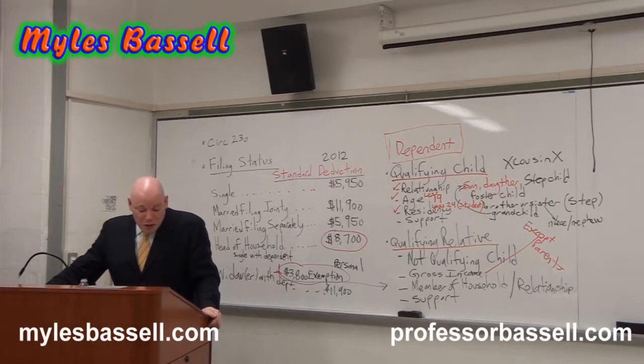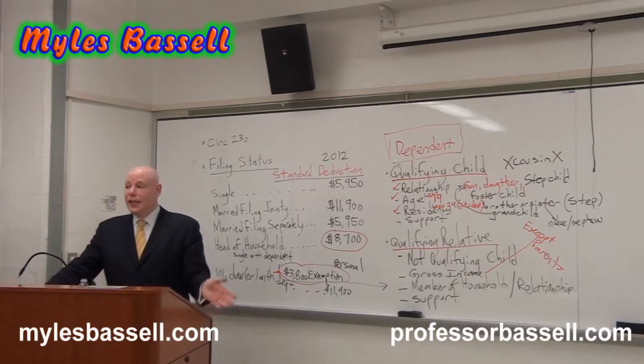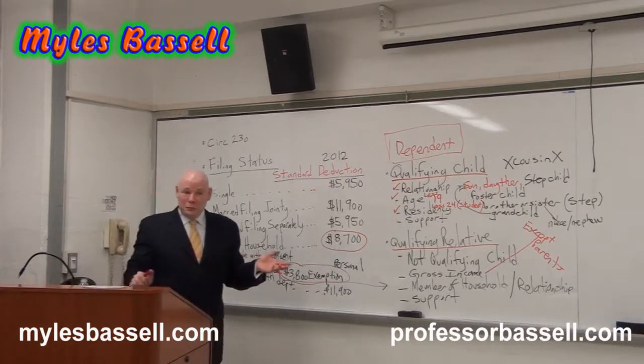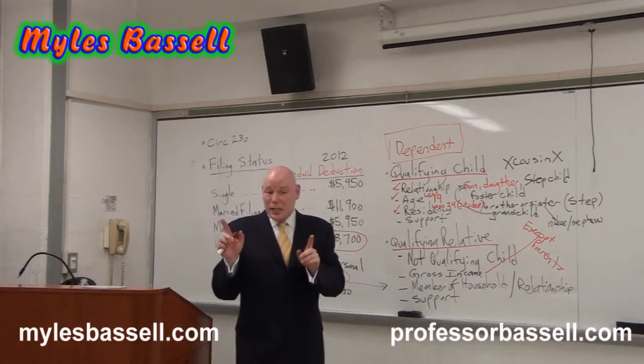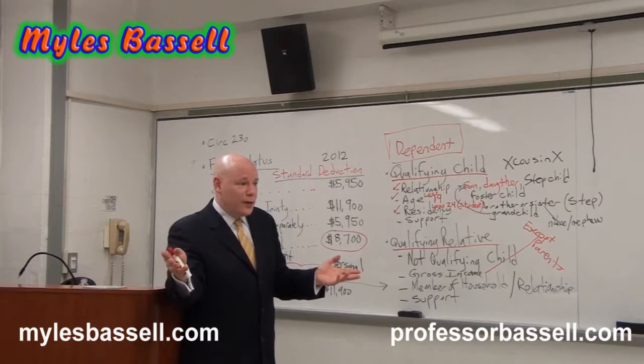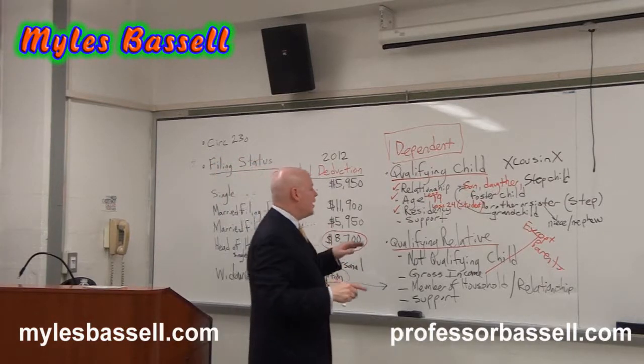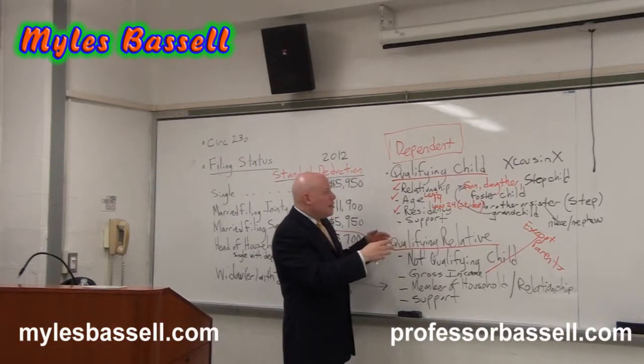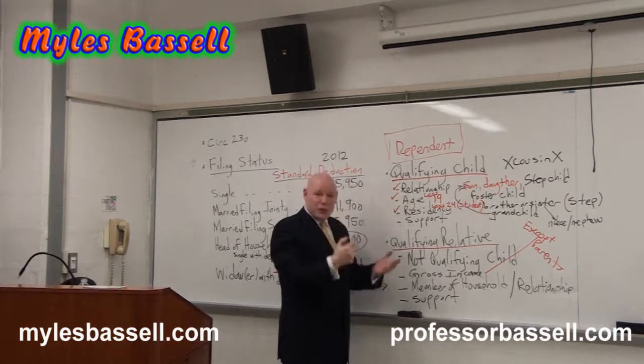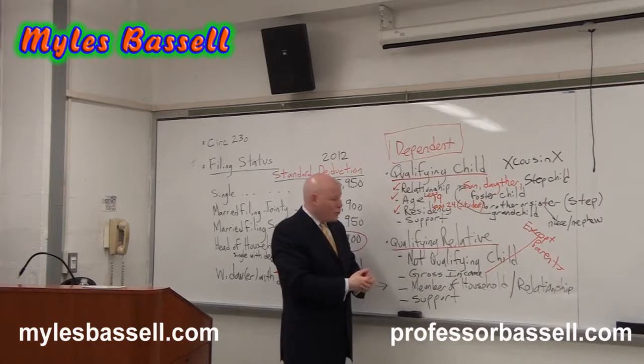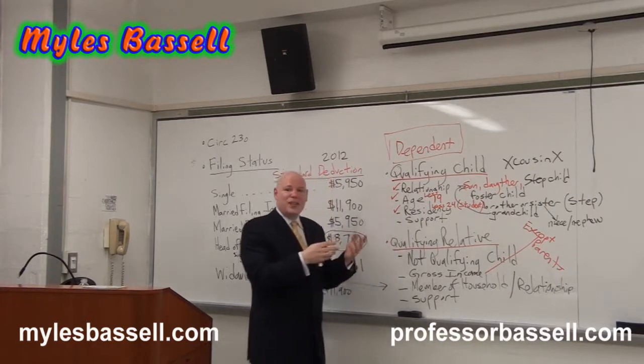It just says that the child could be considered a dependent if the child did not provide more than half of his or her own support during the year. See, that's interesting. Maybe your ex-husband is paying for it. It's just that, how do we define the nature of the dependency? Well, they're not supporting themselves. That's one of the tests. It has to do with support.